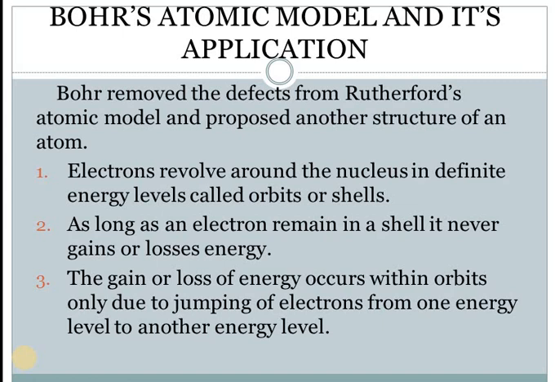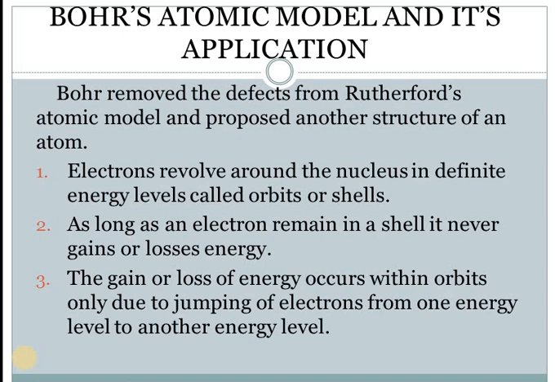So Bohr's atomic model is that electrons revolve around the nucleus in definite energy levels called orbits or shells. That is, when an electron is revolving around the nucleus in its fixed position or fixed path, the path is known as an orbit or shell.